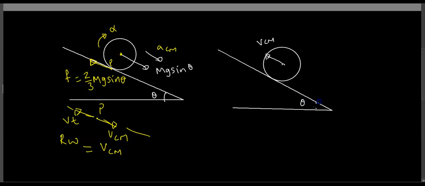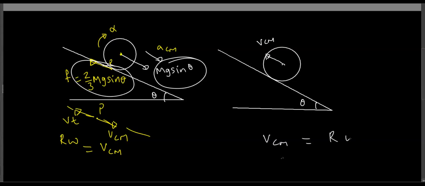Now why is it decreasing? Your mg sin theta will be greater than the friction force. As the velocity of center of mass decreases, every time you want VCM equal to R omega, so you want omega to decrease as well. Omega will be in the counterclockwise sense as the object moves up.